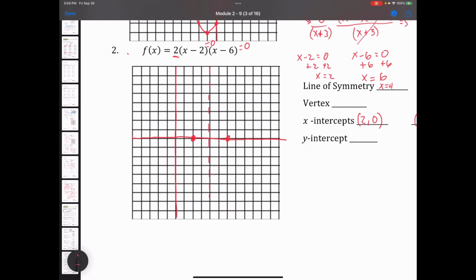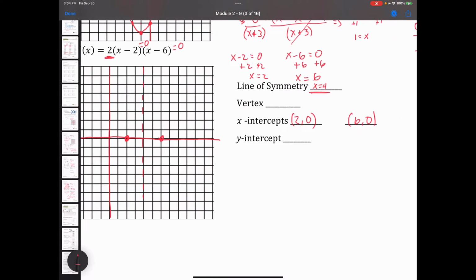Now, where the vertex is, I can either try to count this, but I have a stretch of 2 and that complicates things a little bit. So instead of trying to count it, I'll take my line of symmetry, which is the average of my x-intercepts after I've already solved for them, right? And I will take my line of symmetry and plug it back into the original equation, f of x is equal to 2 times, and now I'm going to plug in 4 minus 2 and 4 minus 6.